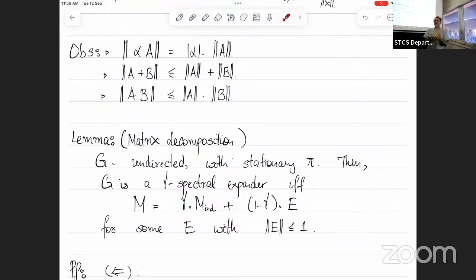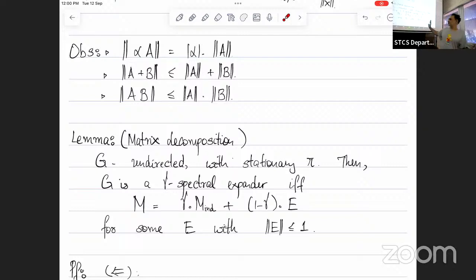Whenever you see an expander, you will say, let's imagine what would happen if things were completely random. That intuition comes from the contribution of the first term. The error term is whatever the second term is, the worst case of the second term. It's a very convenient decomposition to have, and we will use this in this lecture and also in subsequent lectures when we are constructing expanders in the next lecture.